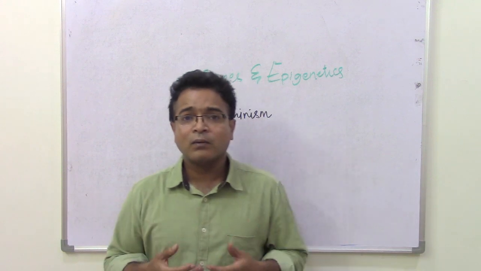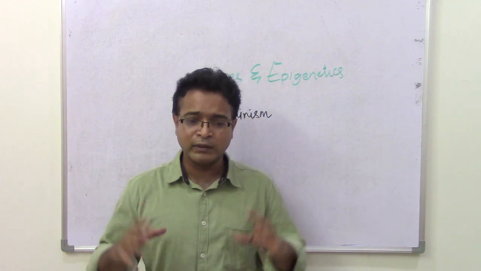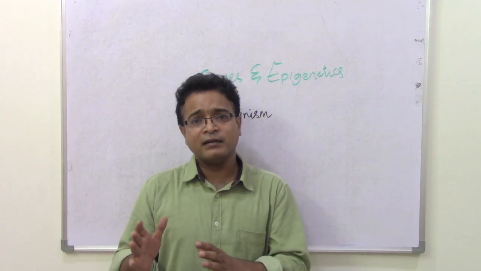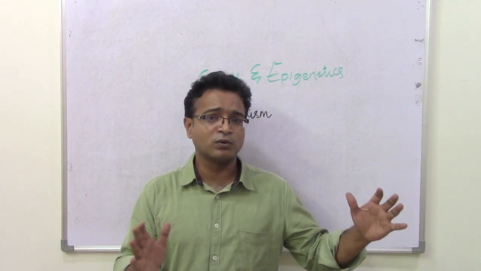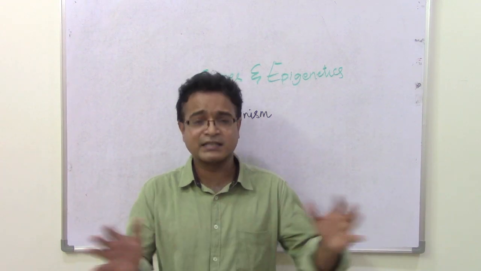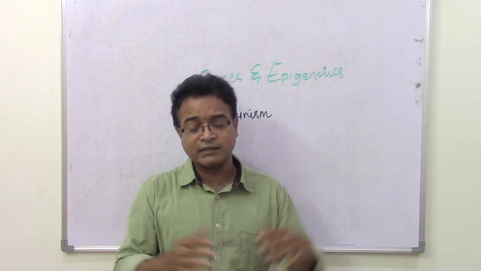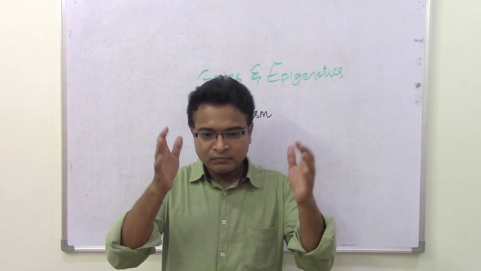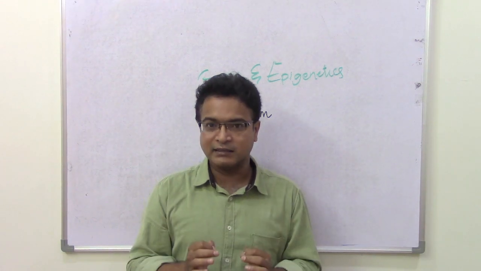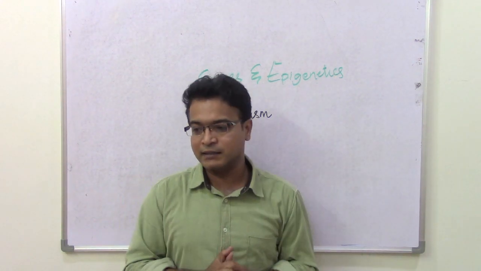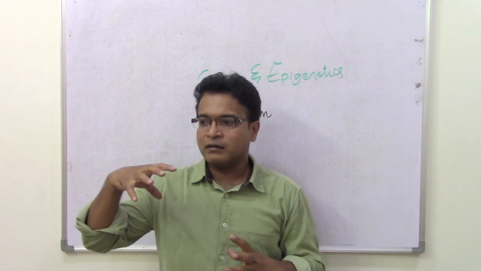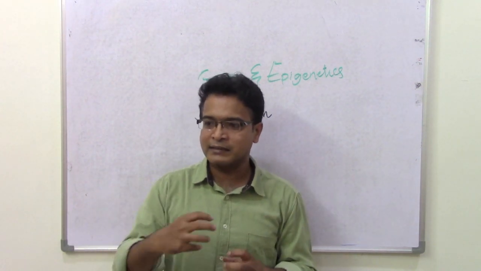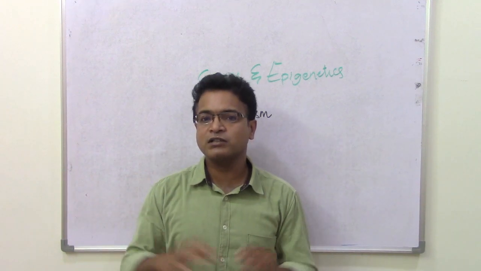What we discussed till now is how DNA, genes or chromosomes, all of which we treat as the same, are considered deterministic, that is, deciding the physiology of an individual.